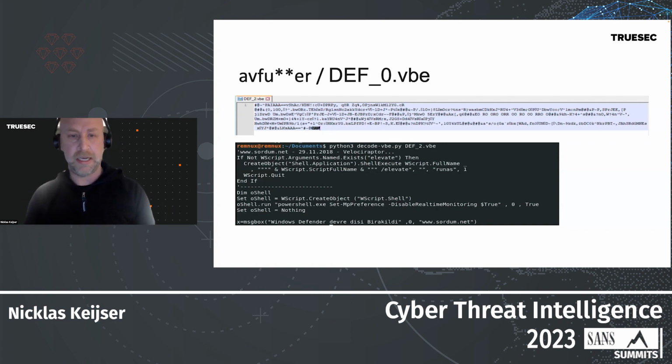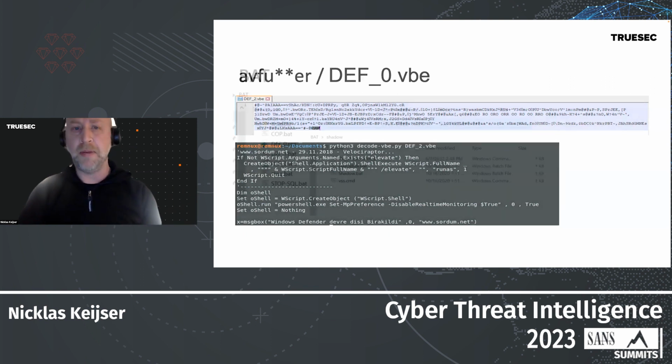And of course, he had a VBE decoder as well. This is another way, by starting VBScript and then PowerShell, to disable AV. So there was another variation of disabling the AV.